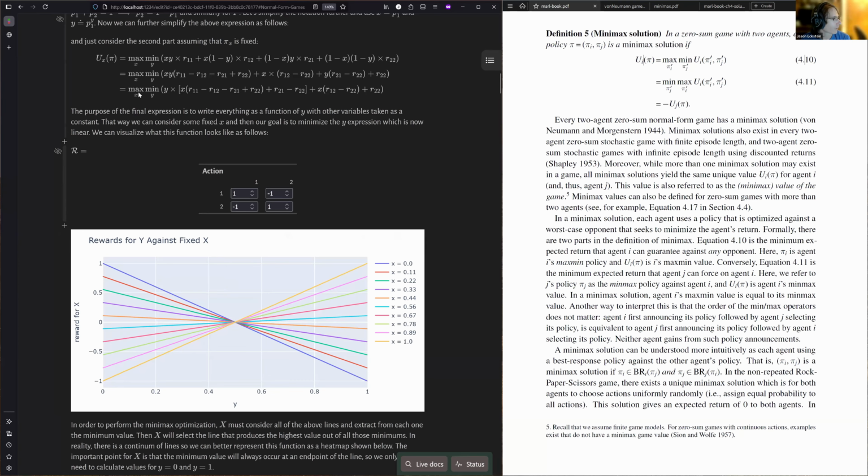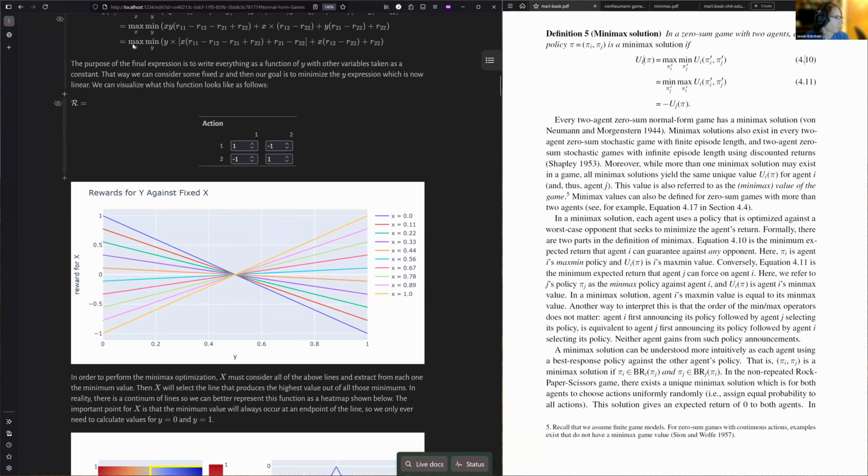And then this outer expression means we take all of these. So we look at each one of these lines. We then pick either y equals 0 or 1, whichever one is the minimum. So then we have that value for each of these. And then we just pick the one that is the maximum value for x.